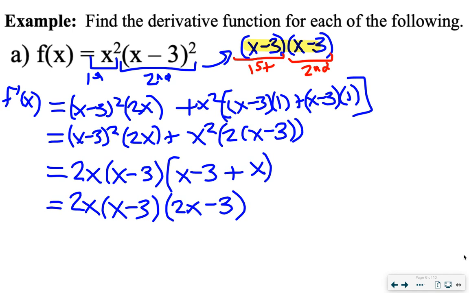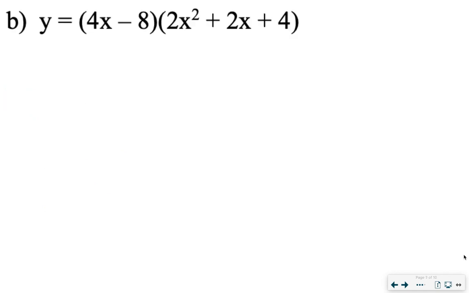Awesome. Let's try another one. Again, you want to think about this as my first and my second, rather than expanding this all the way through.